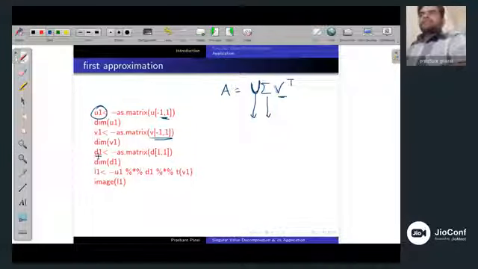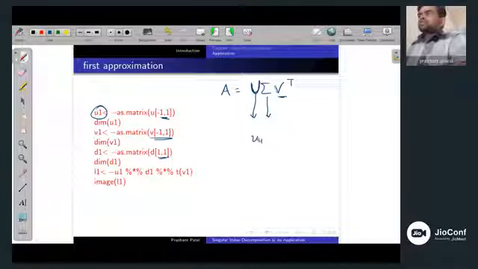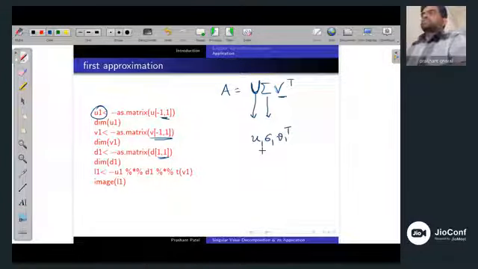And D, the singular values, which is sigma, just the first value D[1], only one value. And I'm making a multiplication of that, that is U1 sigma 1 V1 transpose.